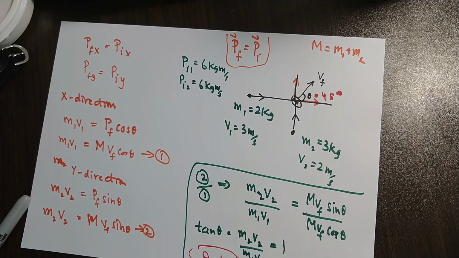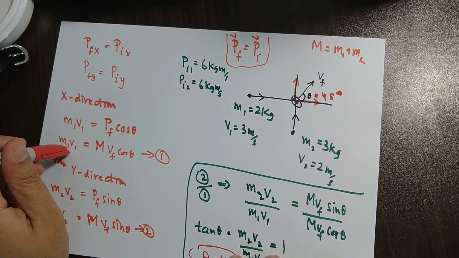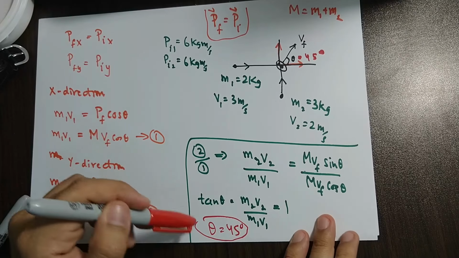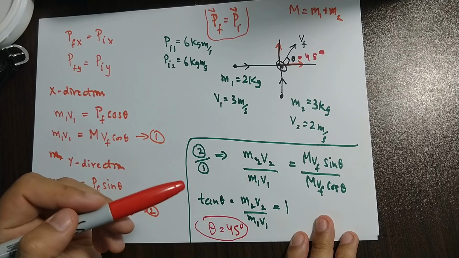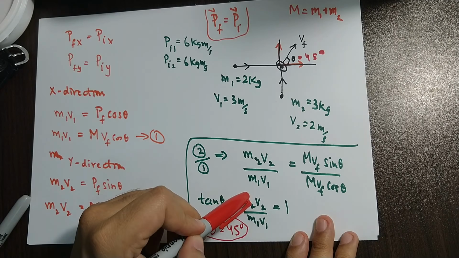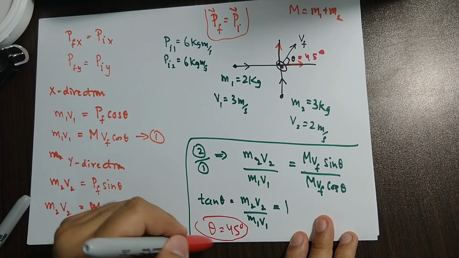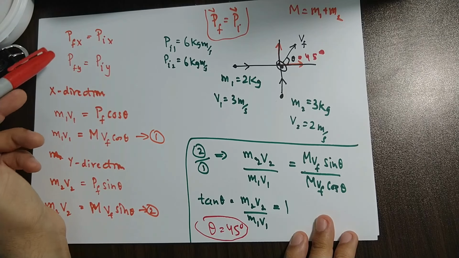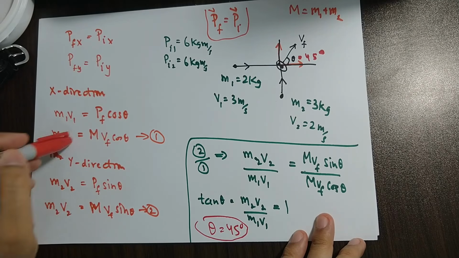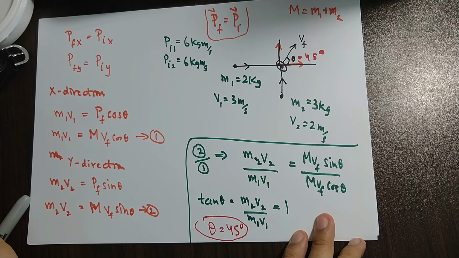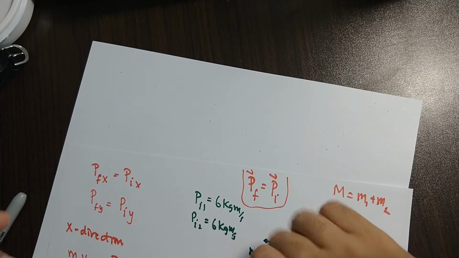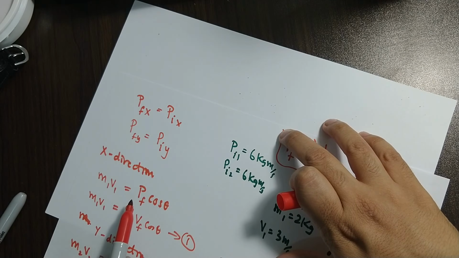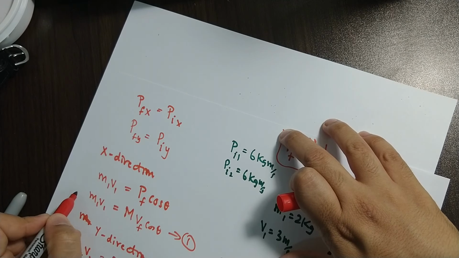Now, what about the velocity? You can use either of these two equations to get the velocity. Again, M2V2 is equal to M1V1, so they both have the same value. This is 6 kilograms meters per second, and this is also 6 kilograms meters per second. So you get theta equals 45 degrees. You can use either of these two equations to get the value of VF. Let's use this equation.